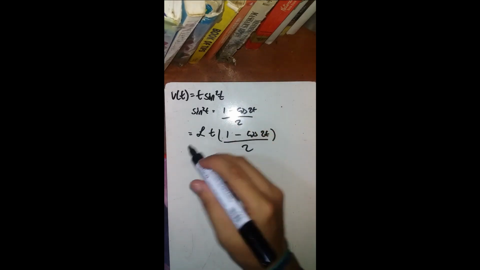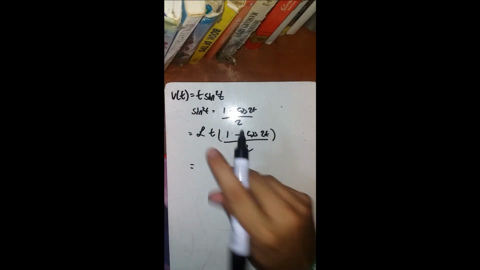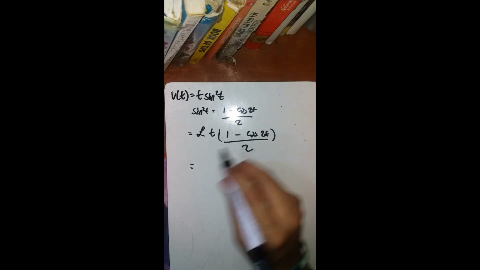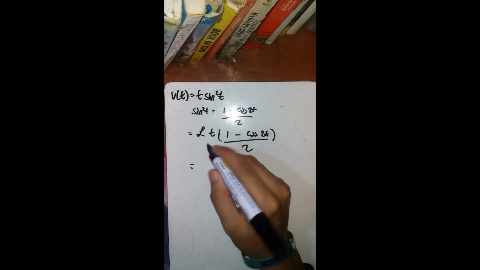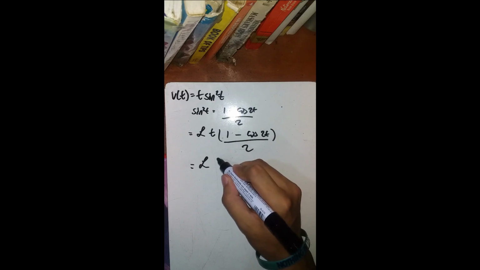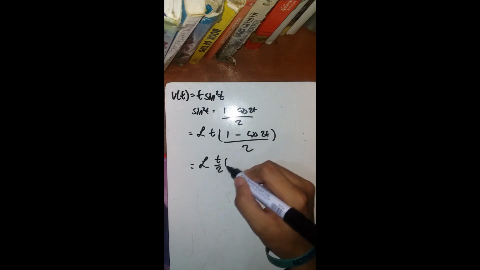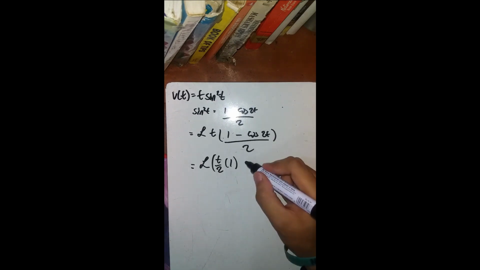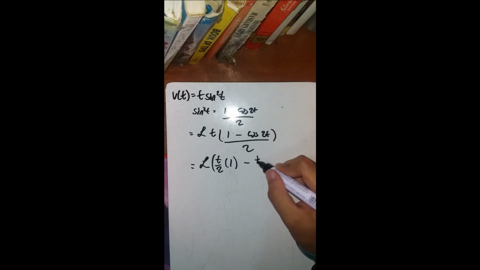Okay, then we simplify this further. We can let the constant be inside of the Laplace. So this will become t over 2 times 1 minus t over 2 times cos 2t.